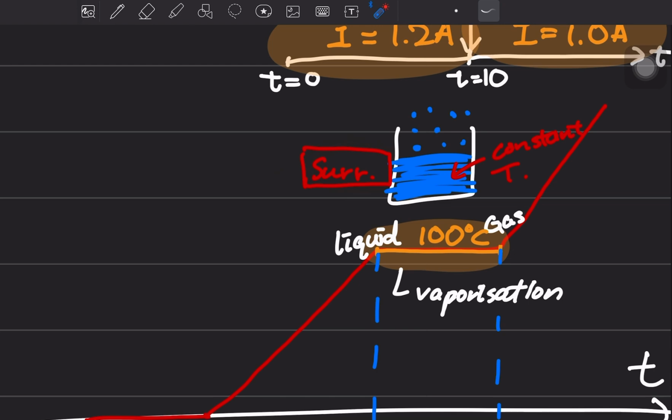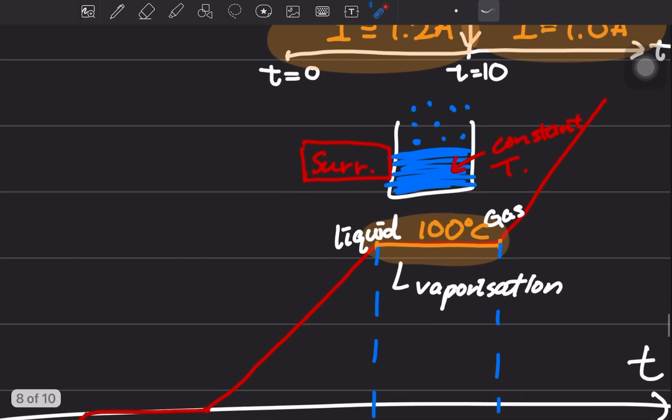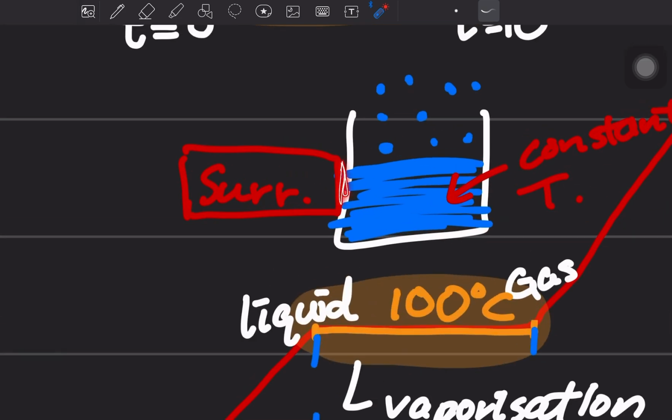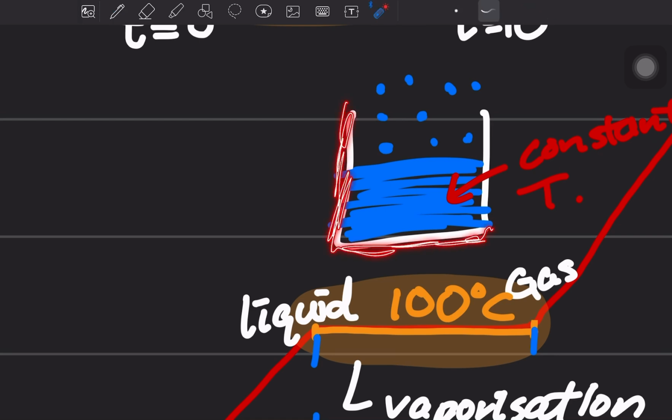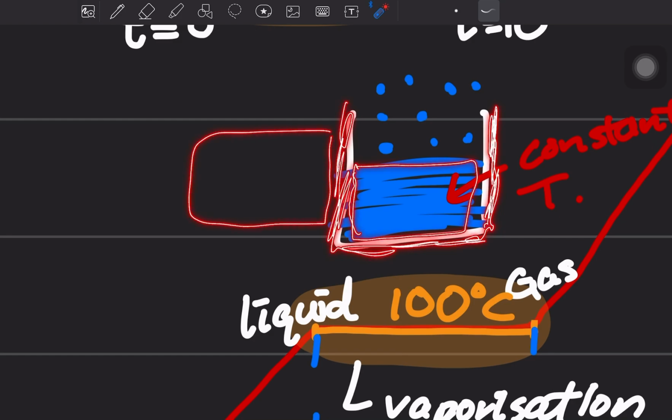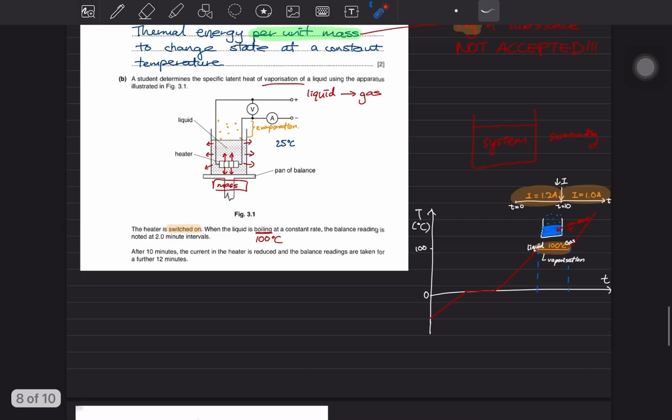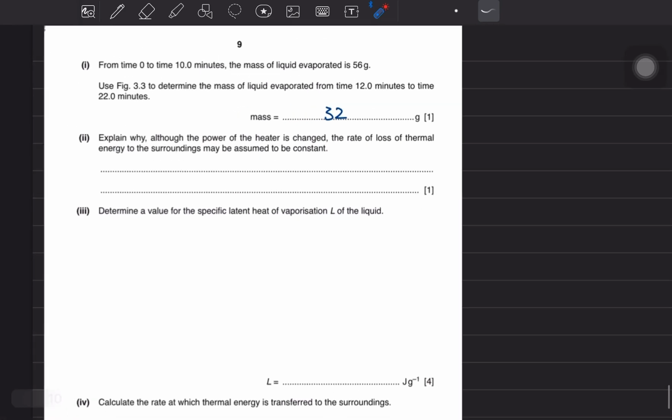Because it just makes sense. This is a region in contact. In reality it doesn't look like this, but the beaker itself is a region in contact. Since this region in contact has not changed, and the temperature of the system inside is not changed, the temperature of the surrounding will also not be changed. This is the explanation for this question.